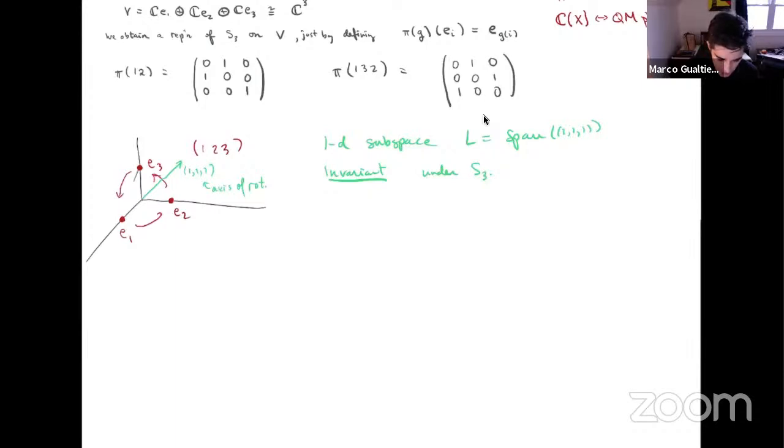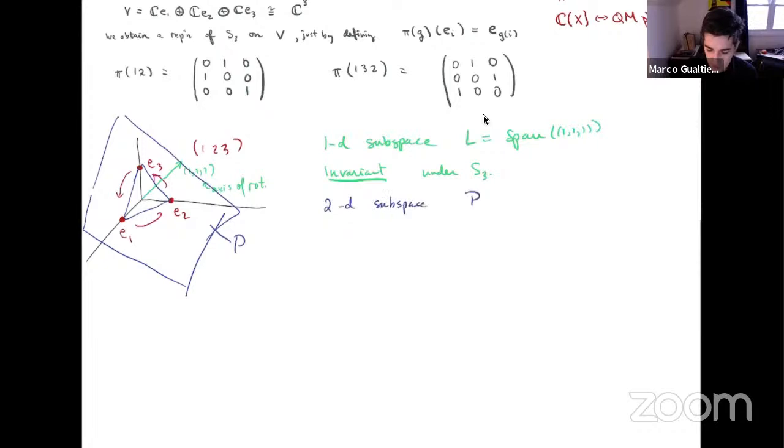If I draw the triangle like this, and I just extend that to a plane, there's going to be a plane P, which is a two-dimensional subspace P. Sorry, I don't mean that it's the plane through those 3 points.